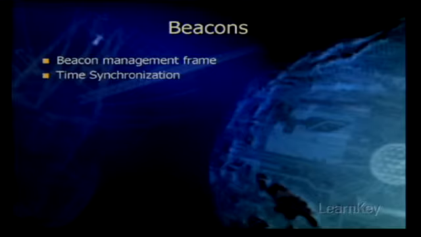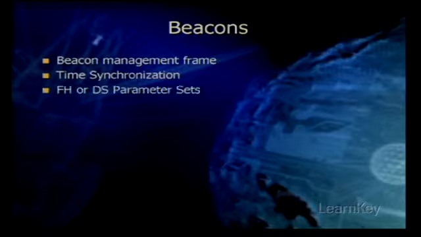Synchronizing the clocks of communicating units will ensure that all of the time-sensitive functions, such as hopping in frequency hopping spread spectrum systems, are performed without any type of error. The beacon also contains a beacon interval, which informs stations how often to expect the beacon from that point forward. In addition, beacons are responsible for containing information geared towards the FH or DS parameter sets.